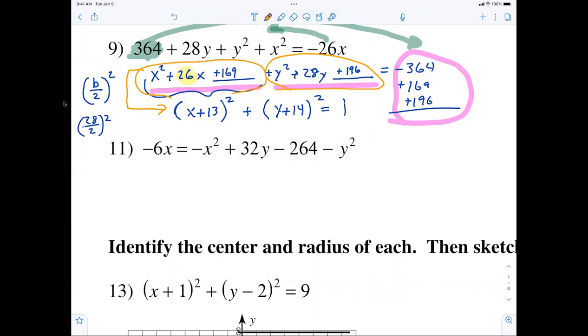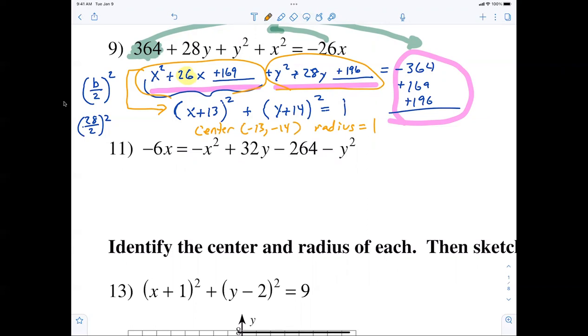So now you just look at it and tell me that the center is what? Center is -13, -14. And of course, the radius is what? Or we'll just call it what, Sebastian? 1. Square root of 1 today is 1, Sebastian.